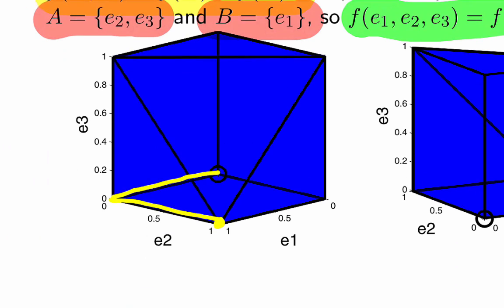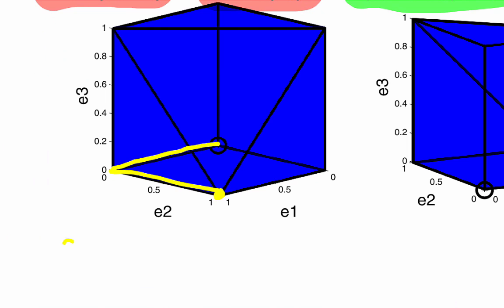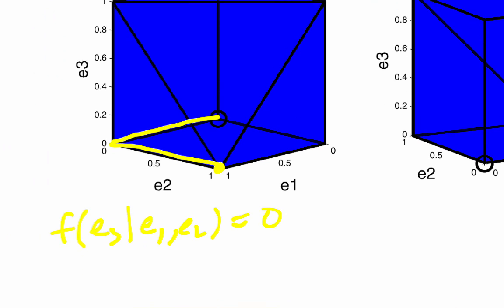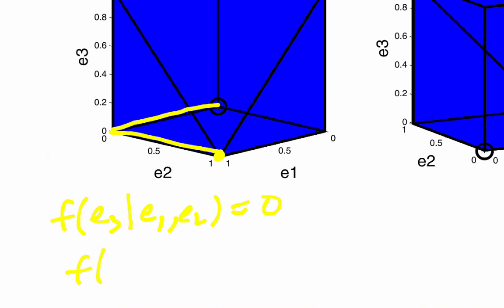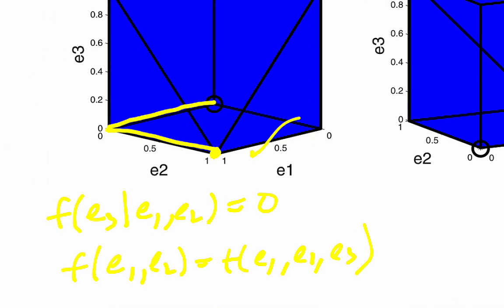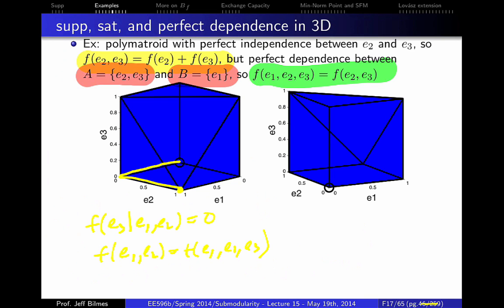So just intuitively, what this means is that f of E3 given E1, E2 is equal to 0. Or in other words, f of E1, E2 is equal to f of E1, E2, E3. I shouldn't have done that in yellow, but actually, there's a way out of this dilemma without having to rewrite it, I think.